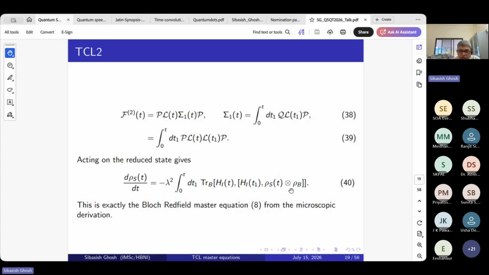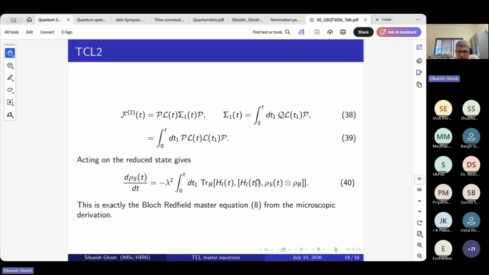And this is exactly the Bloch-Redfield equation. So you see that if you go to this time convolutionless master equation through this perturbative approach, then up to the second order in perturbation, the master equation you get is nothing but the Bloch-Redfield equation.